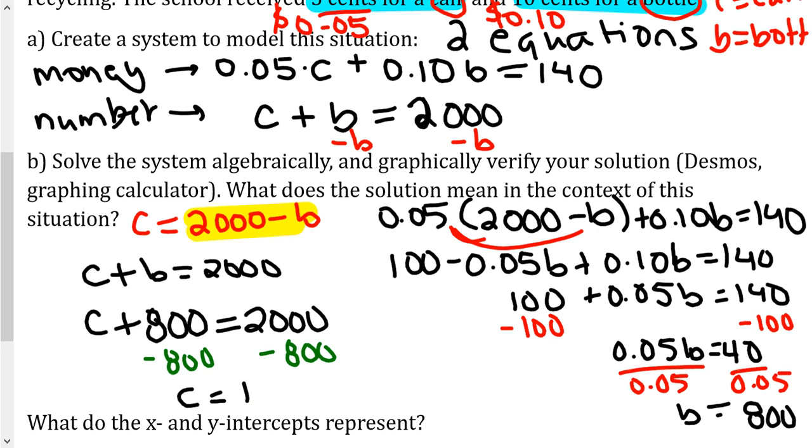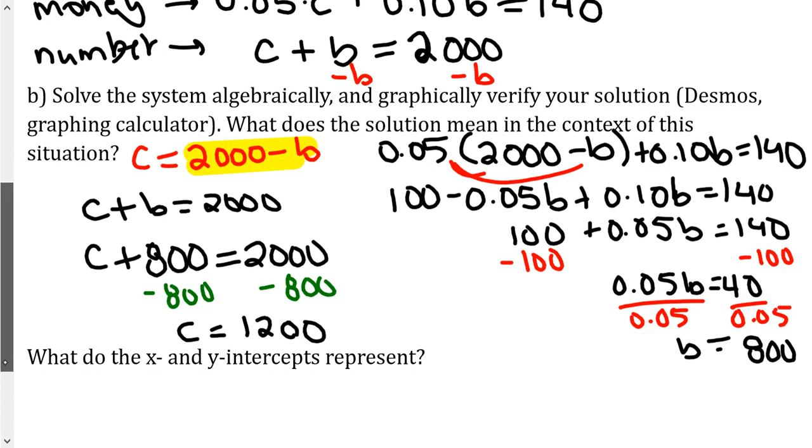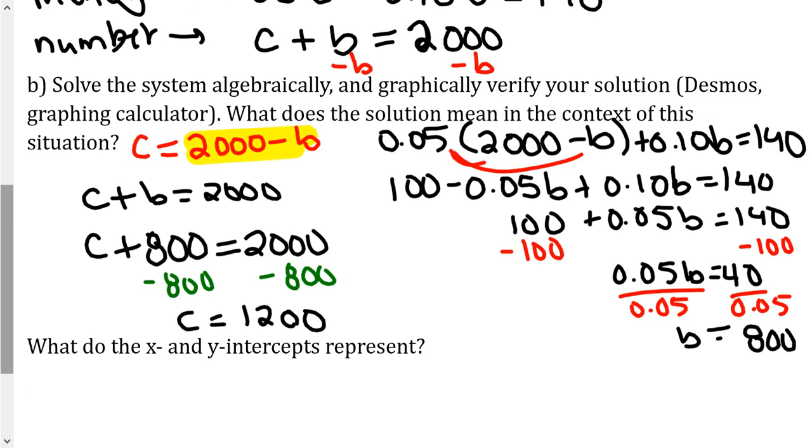We do algebra like this in our heads all the time. But this is that real application of it. So of those 2,000 items, 800 were bottles, 1,200 of them were cans.